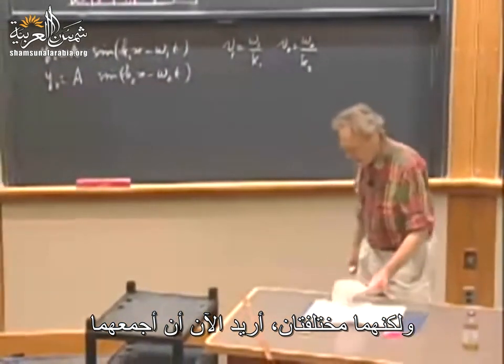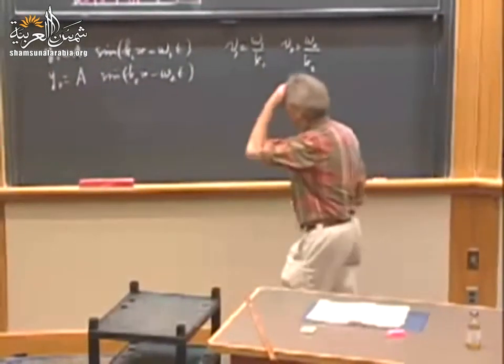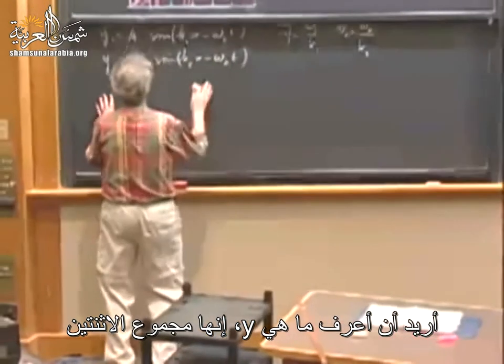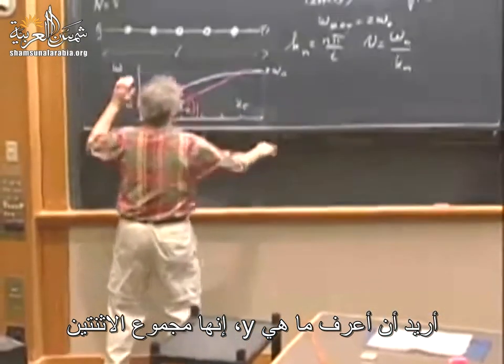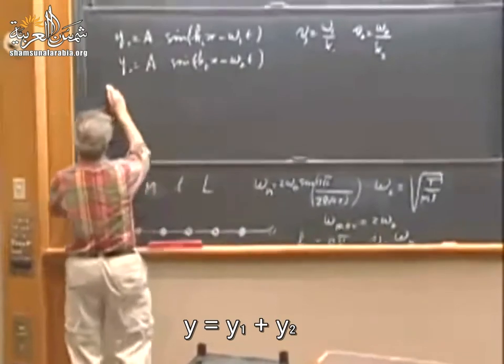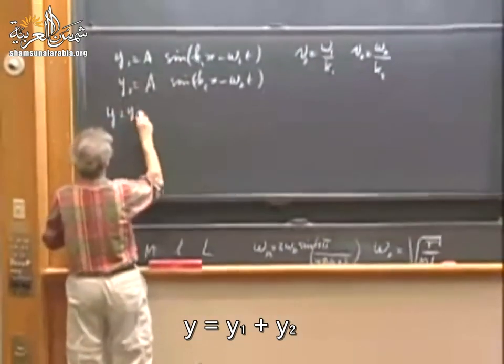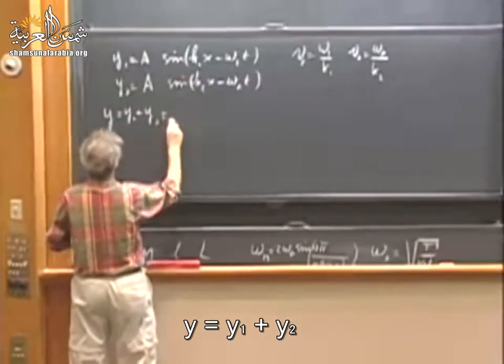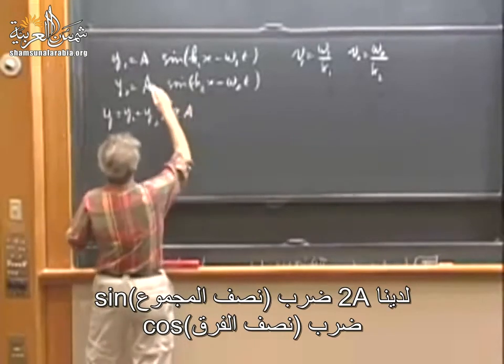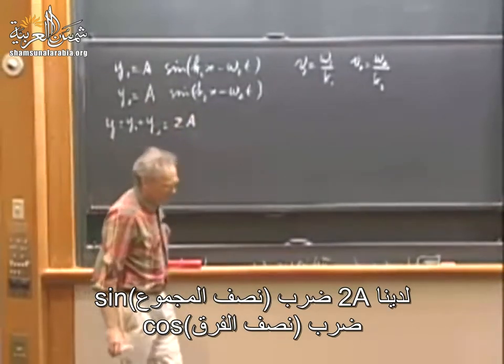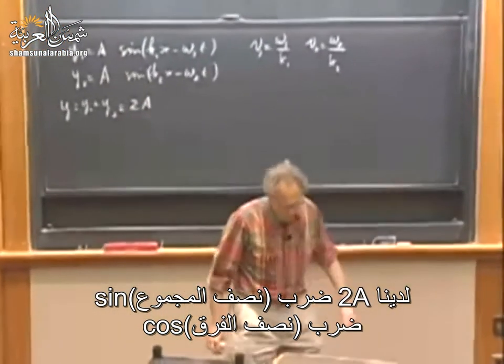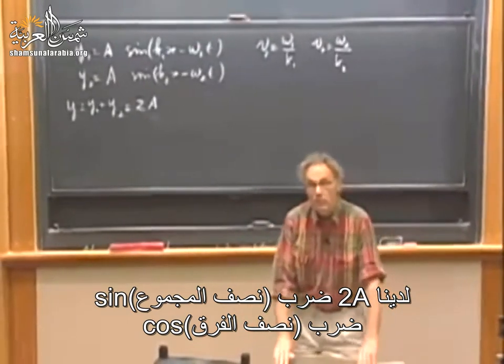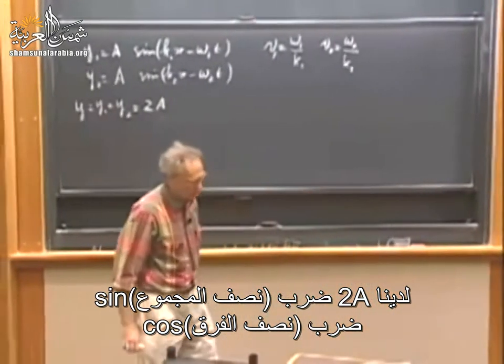And so now I want to add them. So I want to know what y is, which is the sum of the two. So y is y1 plus y2. So that becomes 2a times the sine of half the sum times the cosine of half the difference.